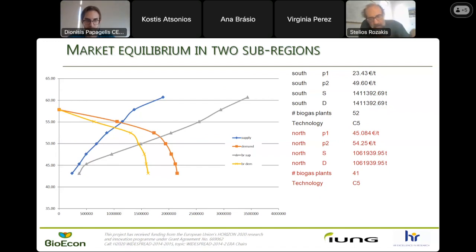So as you can see, the supply and demand, the blue line and the orange line, I think belong to the south region, and then the others. So we have two equilibria, and this is the result of the model.